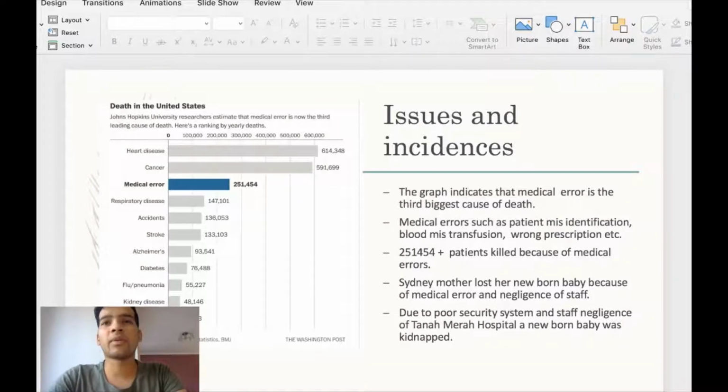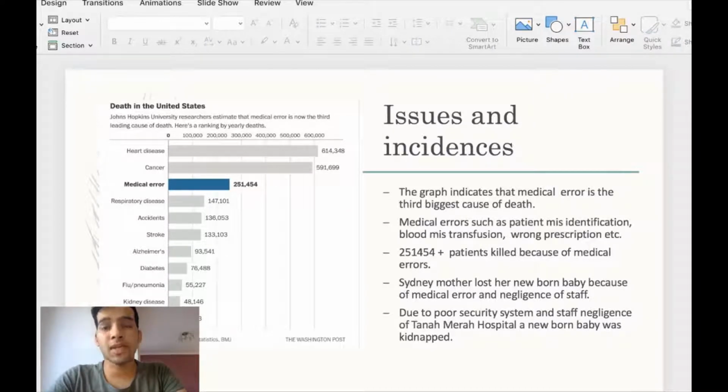Here the graph represents that medical errors are the third biggest cause of death. It includes misidentification, blood transfusion, and wrong prescription given to the patient. Similarly, a lot of incidents occur in the world. 50,000 people are permanently injured every year just because of medical errors.